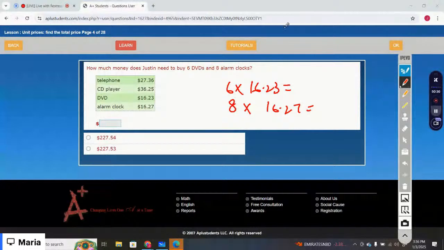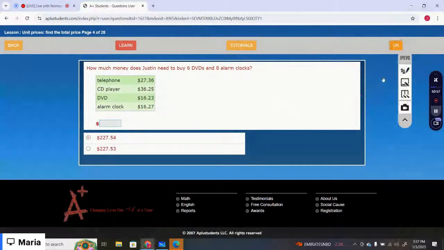So 6 times 16.23 is 97.38 and 8 times 16.27 is 130.16. So just add them, 97.38 plus 130.16, that is 227.54. Option number 1 is the correct option, that is 227.54.